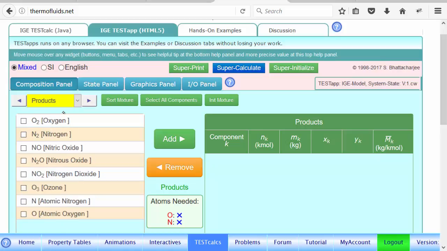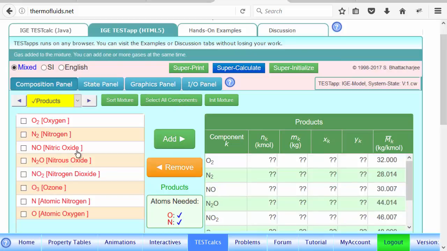So let's choose all of them, and we can take a look at what is the most number, which is the highest concentration out of all that. So we are selecting all this by clicking here, the select all components, and then adding them. Of course, we could select one and remove that if you want. Like that, we can add or remove a gas.